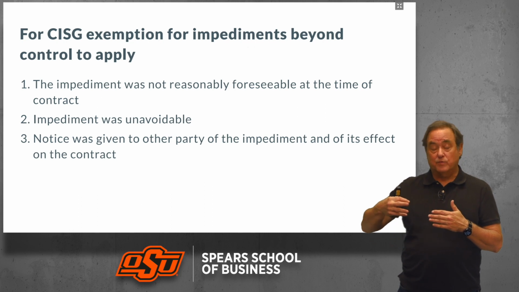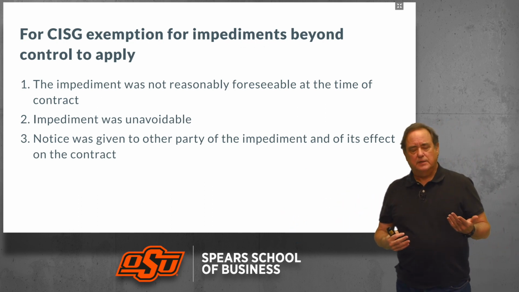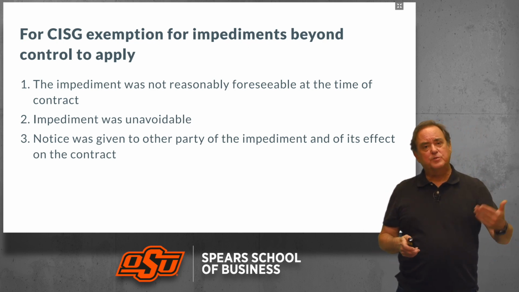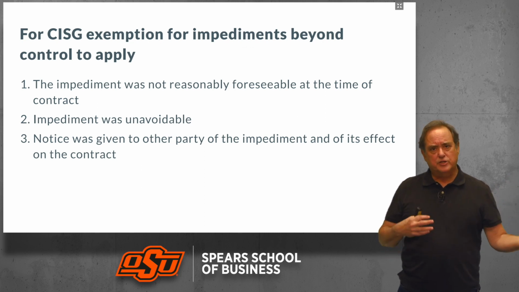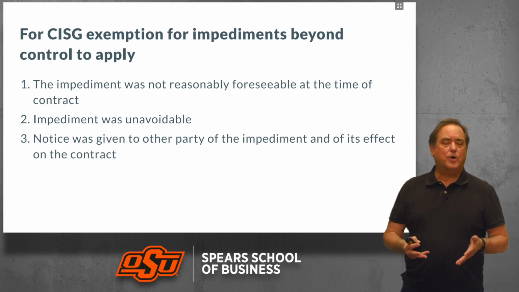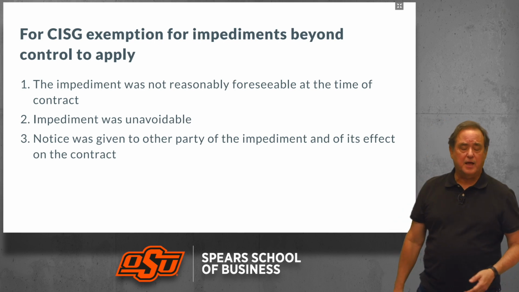Maybe the resulting damage was unforeseeable. Maybe the hurricane was foreseeable. In any event, we never got an answer because we settled that case. But that's what we're talking about. It's always going to be a gray area in which one party is going to say comply with the contract, and the other party is going to say it's simply too difficult to comply with the contract.